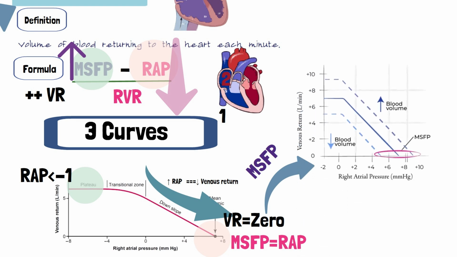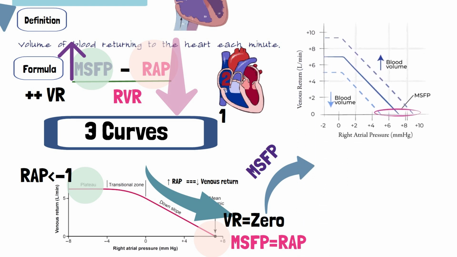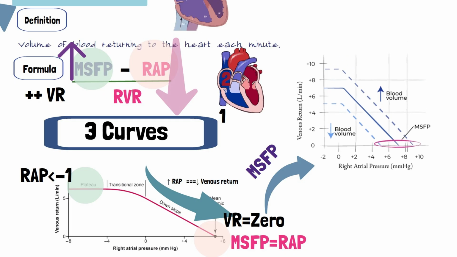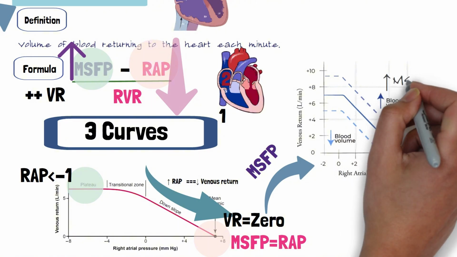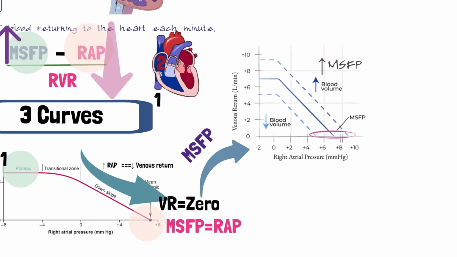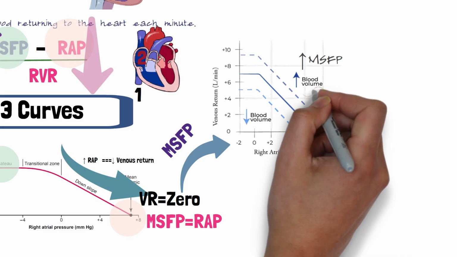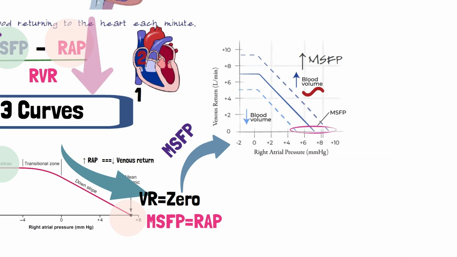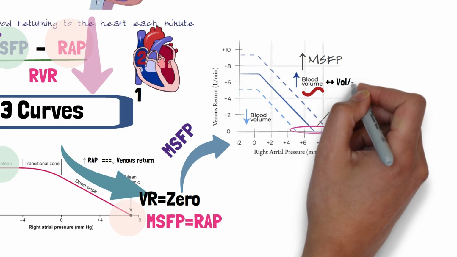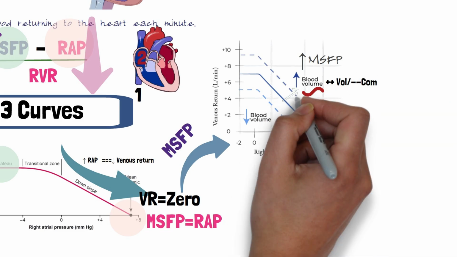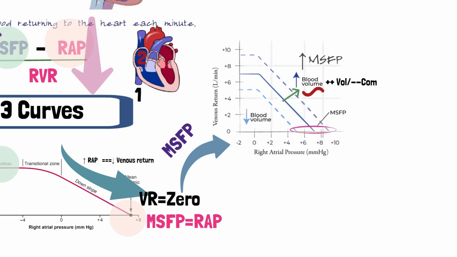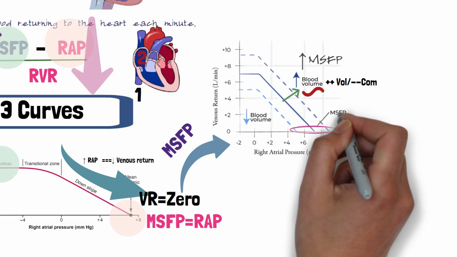To study this, we will use the same previous curves, and here we will change the mean systemic filling pressure by changing either the blood volume or the compliance, so increasing the mean systemic filling pressure by increasing the volume or decreasing the compliance.